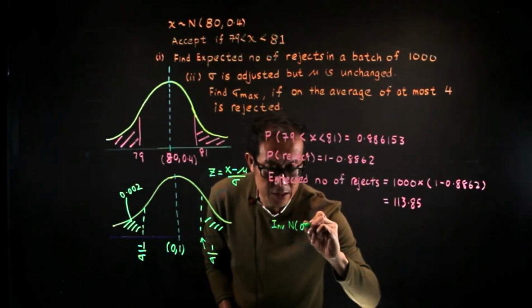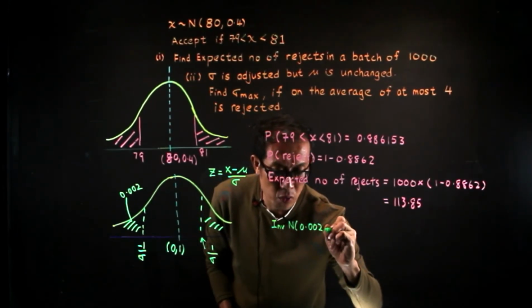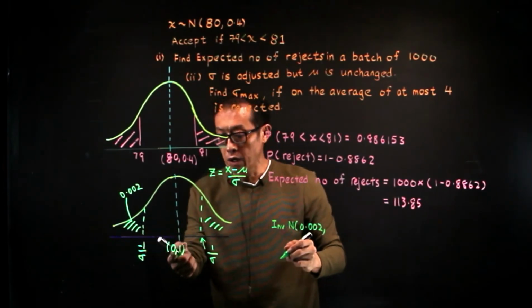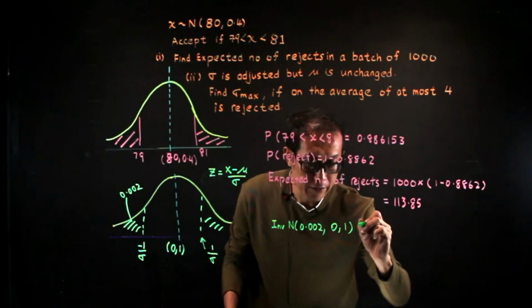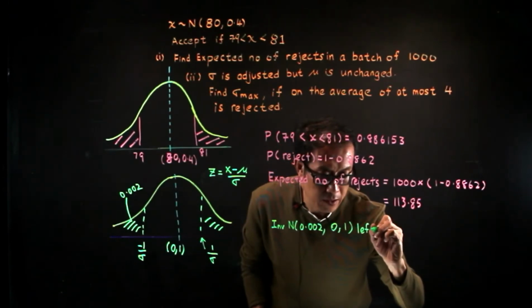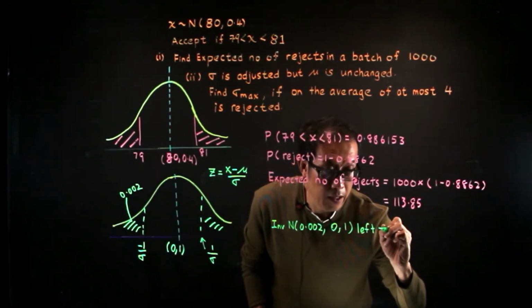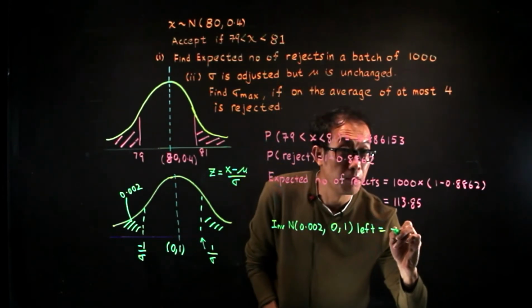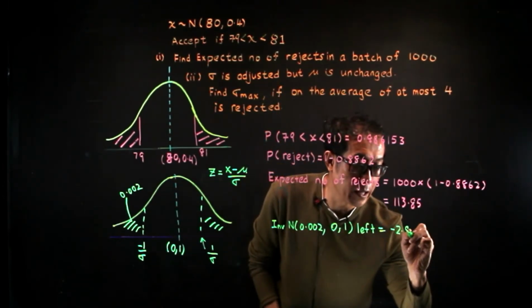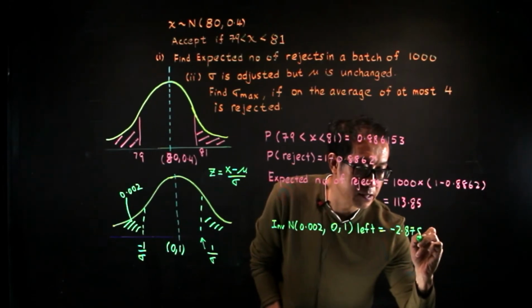The area is 0.002 with a mean of 0, standard deviation 1. The area is on the left. And that gives you an answer of minus 2.878.